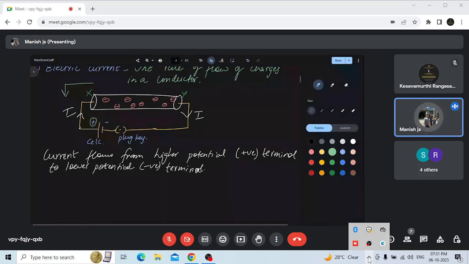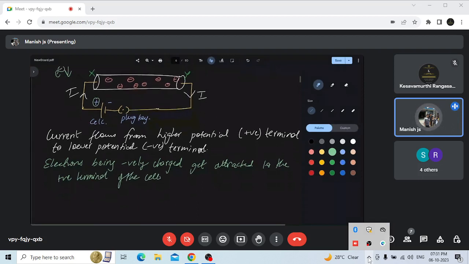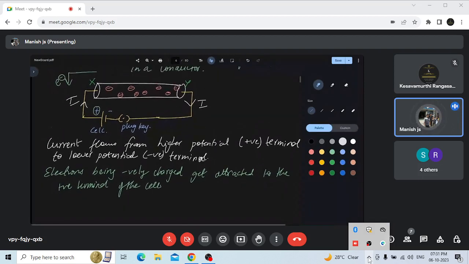Electrons flow from y to x, while current flows from x to y. Electrons, being negatively charged, get attracted to the positive terminal of the cell. That's the reason electron and current directions are opposite to each other.